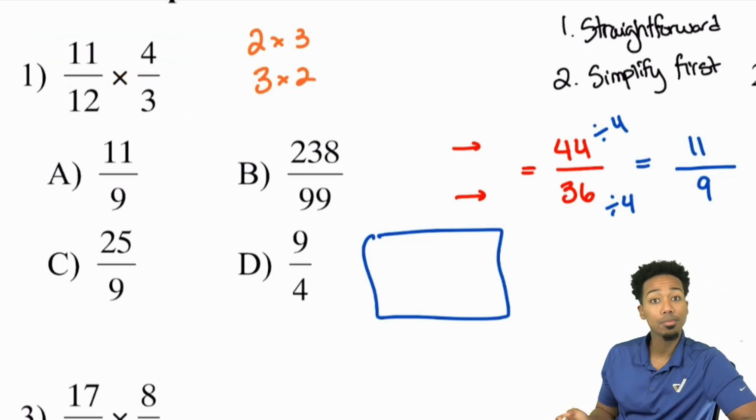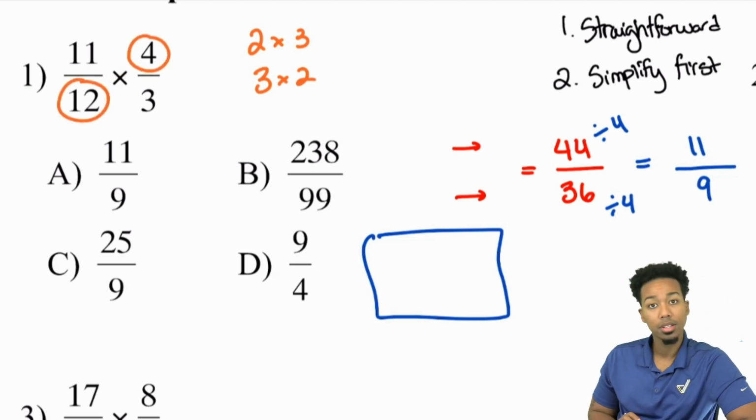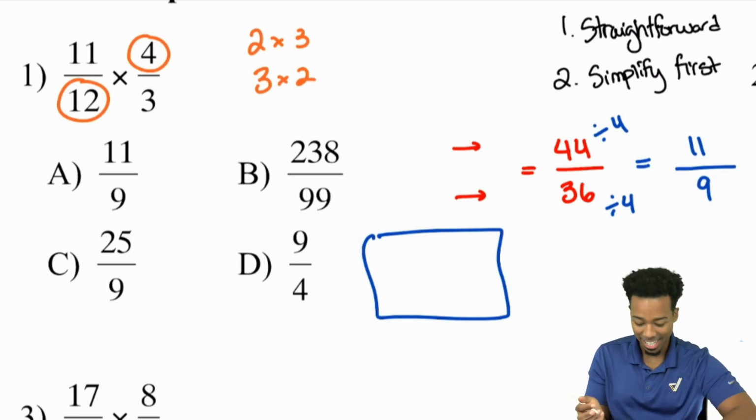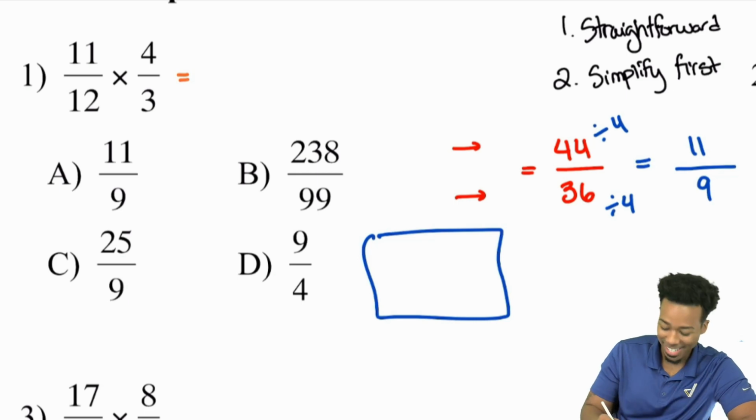So if we wanted to simplify, you can simplify this and this. Anything from the top and anything from the bottom, you can simplify when you're multiplying fractions. Because at the end of the day, 11 over 12 times 4 over 3, to be very honest with you, this is where the idea comes from.